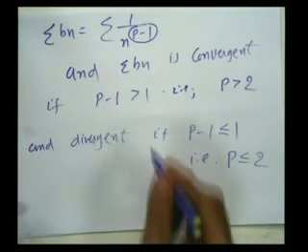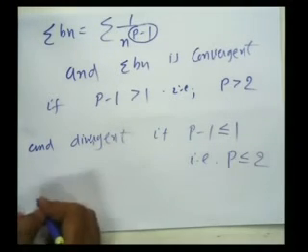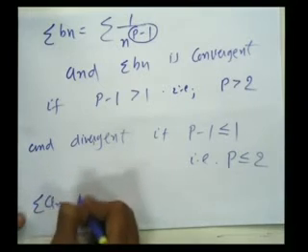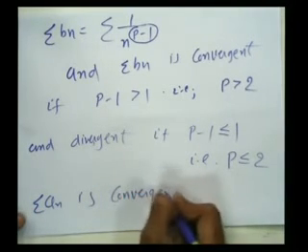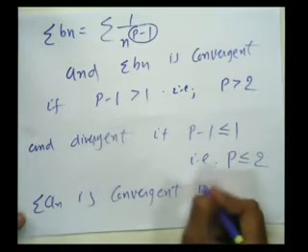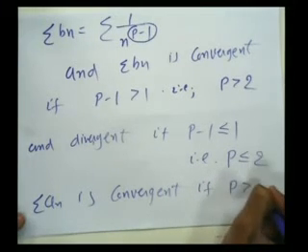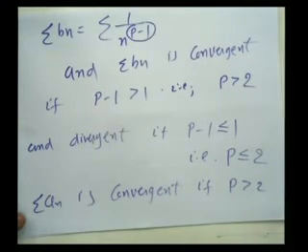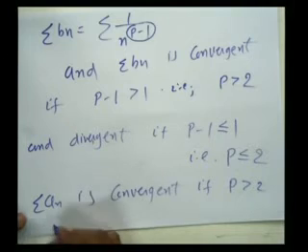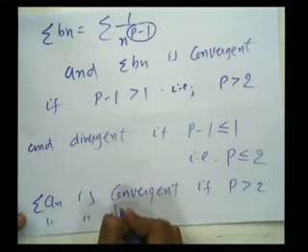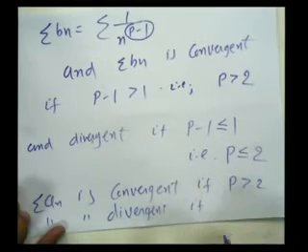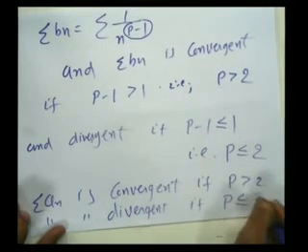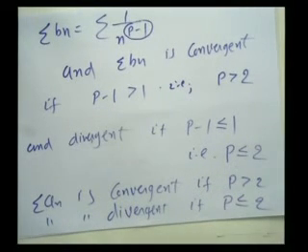So from this we can say that sigma an is convergent if P greater than 2, and sigma an is divergent if P less than or equal to 2.